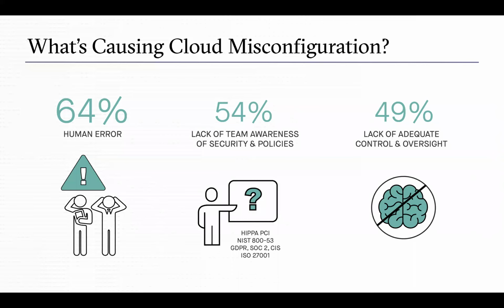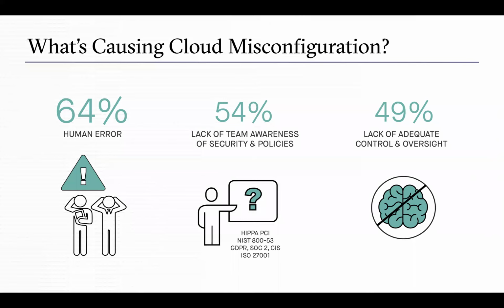So there's a theme here, which is that humans are not able to keep track of cloud configuration and keep it in policy and keep it under oversight. And there's a good reason for that. It's not humans' fault. We're not great at keeping track of lots and lots of details.